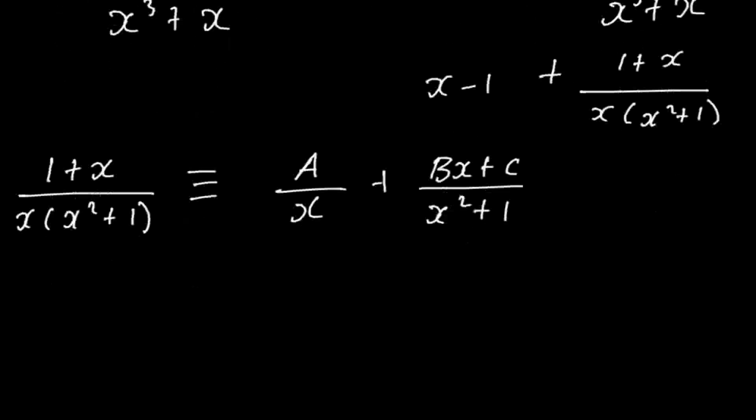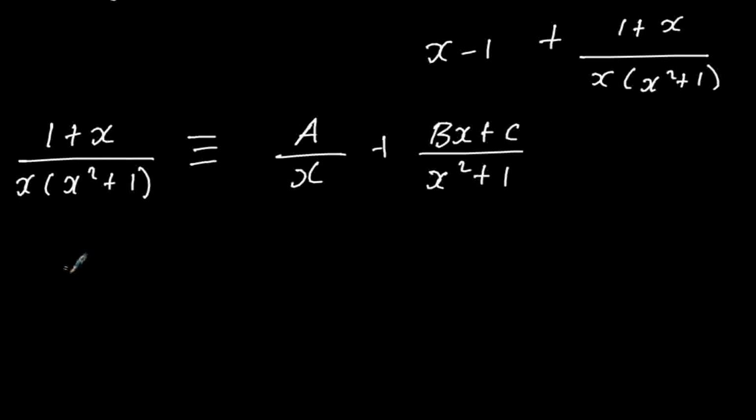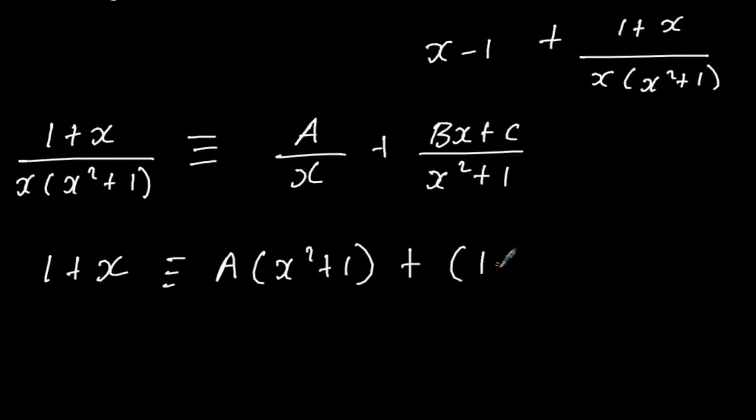So this gives us 1 plus x to be equivalent to a into x squared plus 1, then plus bx plus c into x, where the denominators cancel.